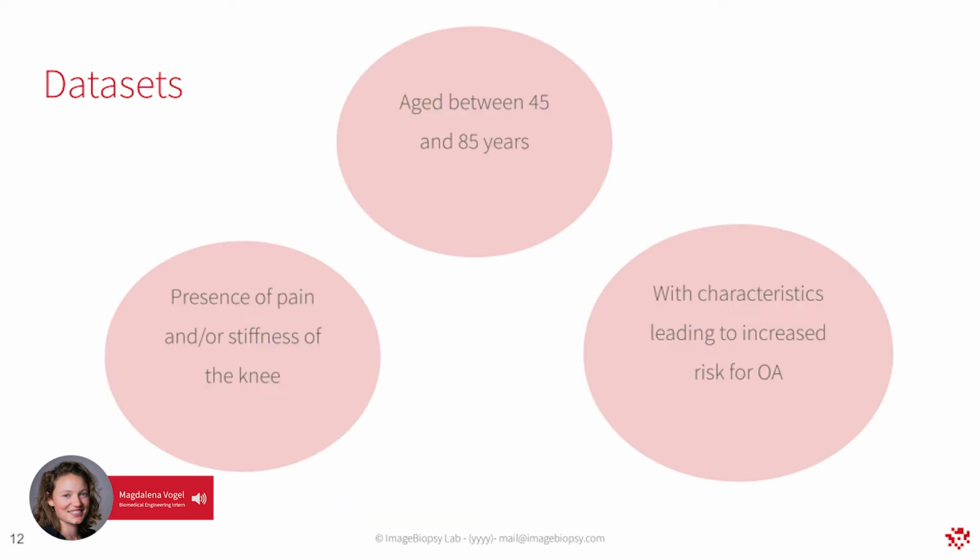All participants of the studies were aged between 45 and 85 years, and the inclusion criterion was either the presence of pain and/or stiffness in the knee, or characteristics which lead to an increased risk for osteoarthritis. For example, a high BMI or a previous knee injury or surgery.